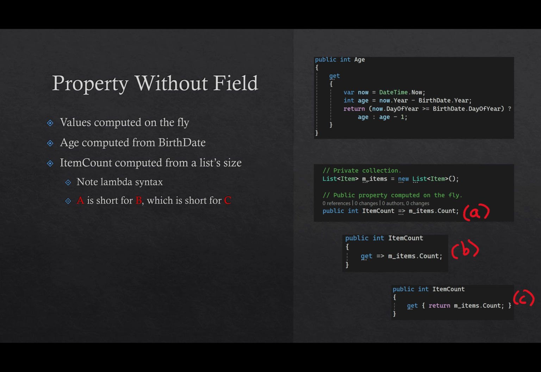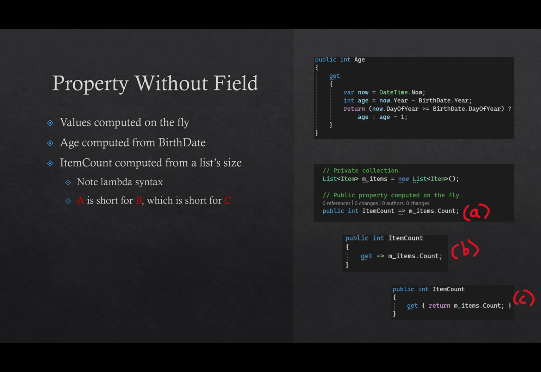So you don't have to put in a curly brace and have a return statement. You can just use that arrow operator and have that single expression, and the return value of the function is simply the value of that expression. So for a read-only property, you can have the entire property just be on one line like that with the lambda expression.